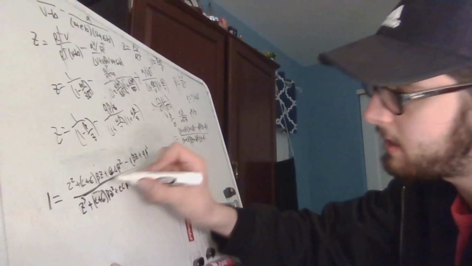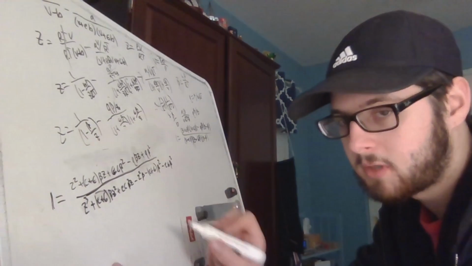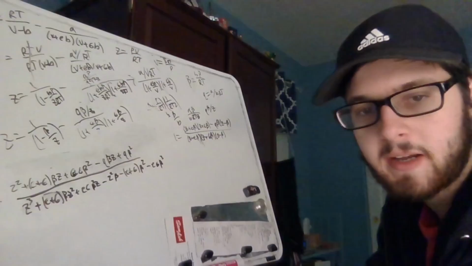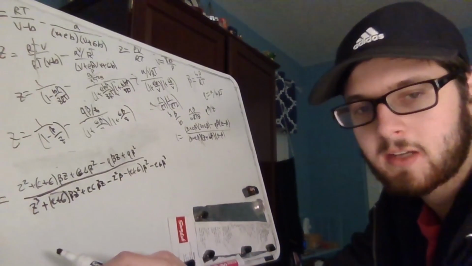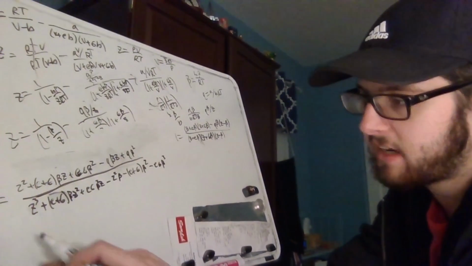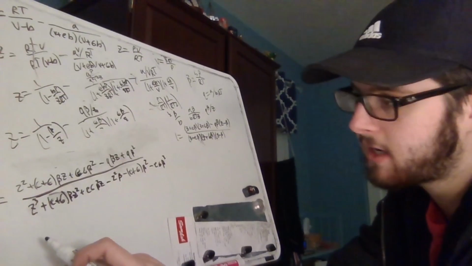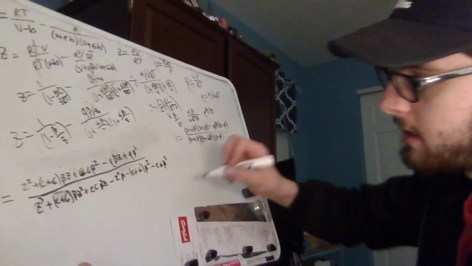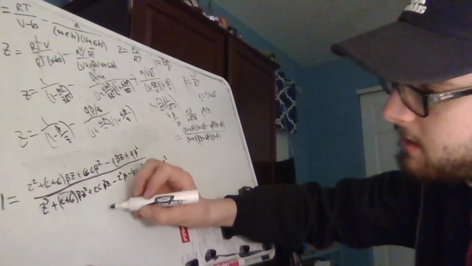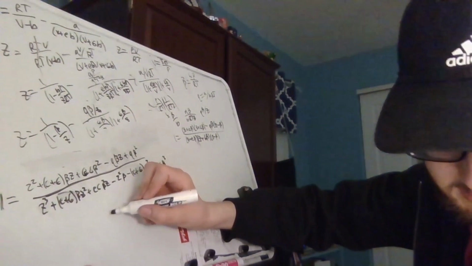And in order to make this a polynomial, we've got to multiply everything on the bottom to the other side of the equation and factor it all onto the same side. And to spare you the time, I did this on my own. It comes out to be, let's see, what did I write down?